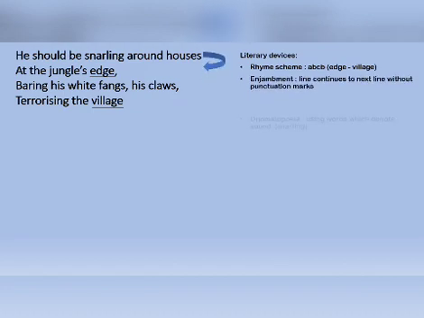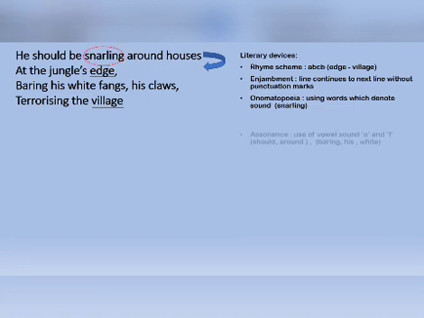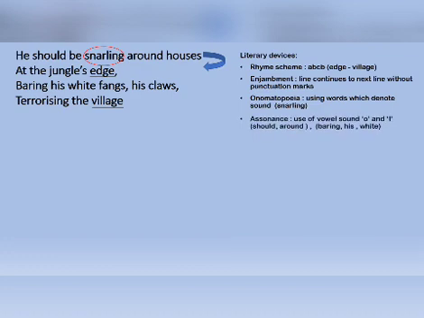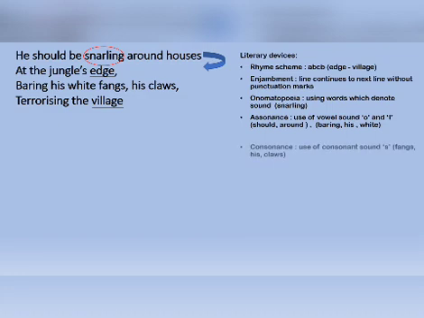We also have onomatopoeia, the use of words which denote sound, like snarling. We have assonance, the use of vowel sound O and I, like should, around, houses, baring, his, white and his. We also have consonance, the use of consonant sound S, for example, his, fangs, his and claws.